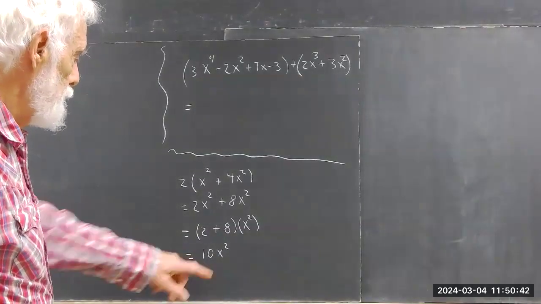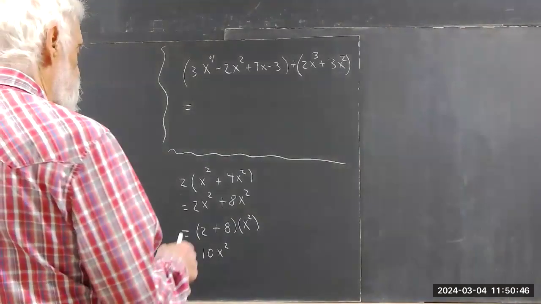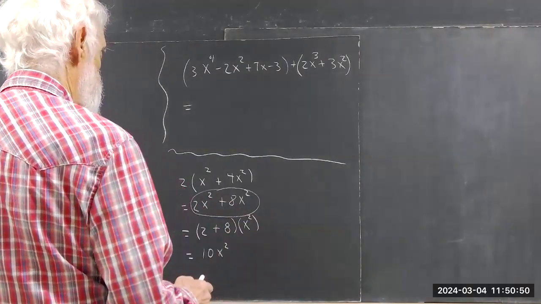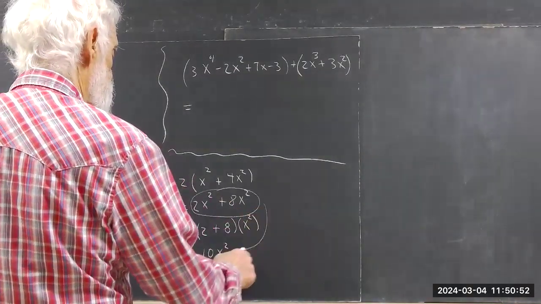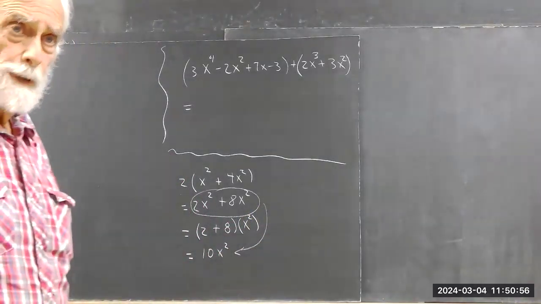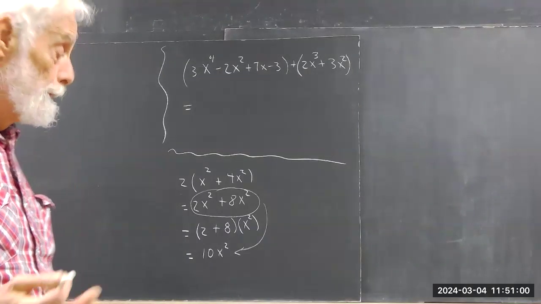That equals 10x squared. So this equals this. That makes sense? Hopefully that makes sense.